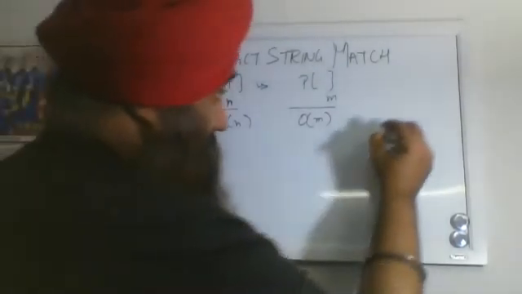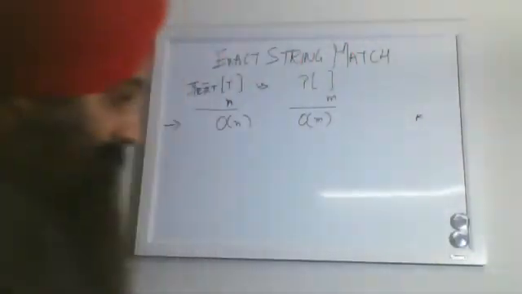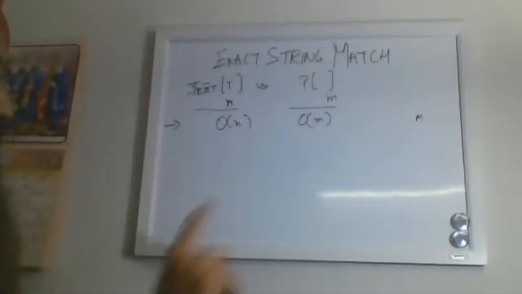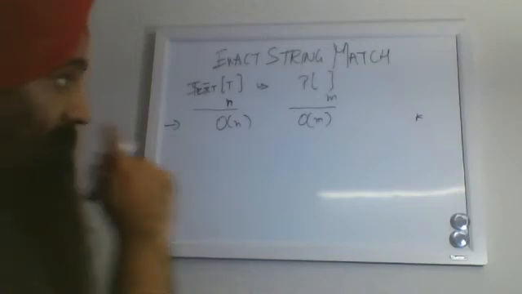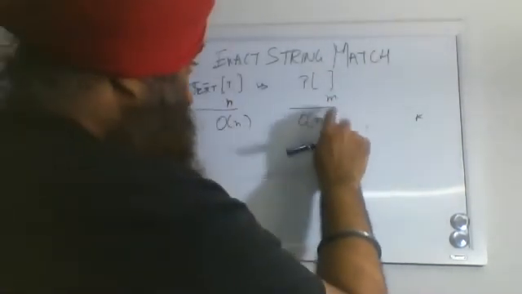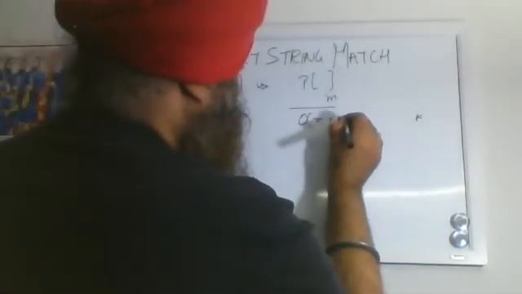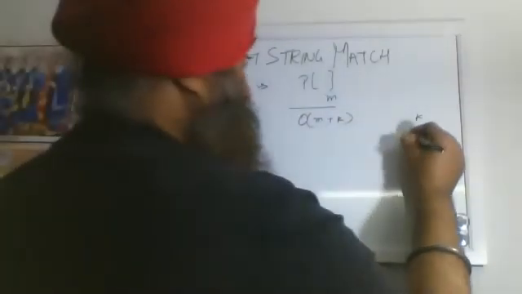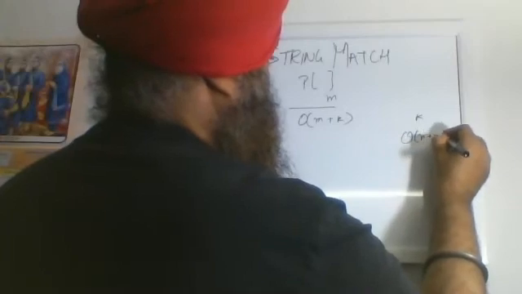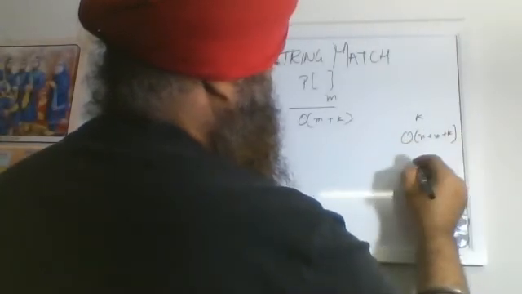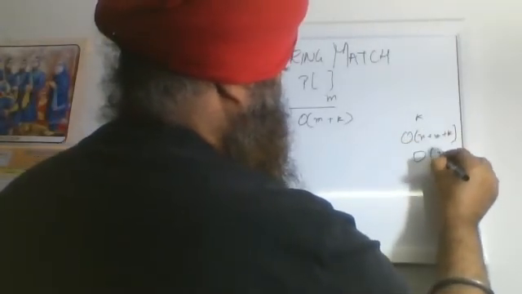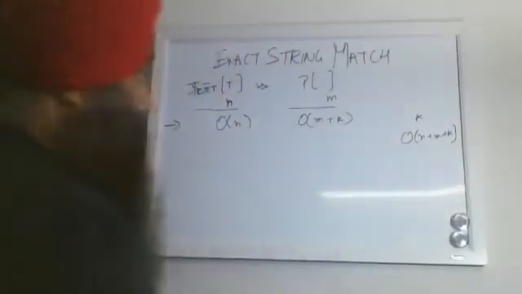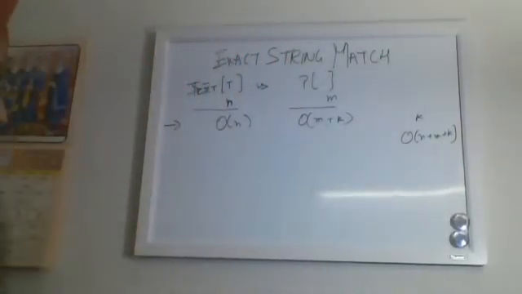Suppose the pattern exists k number of times. If you want to find all the occurrences of this pattern, it will take order of m plus k time. So the total time to process would be order of n plus m plus k, which is again big O of n.